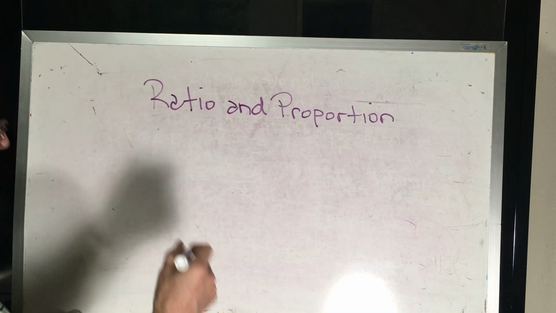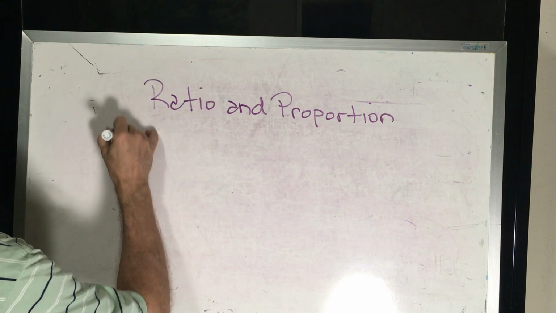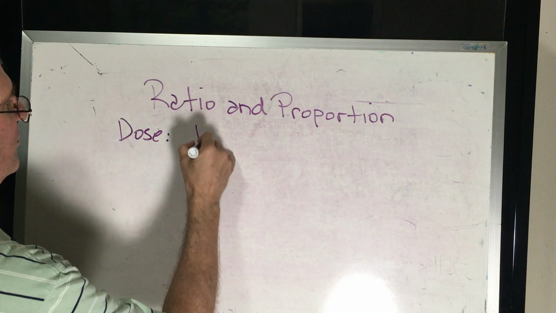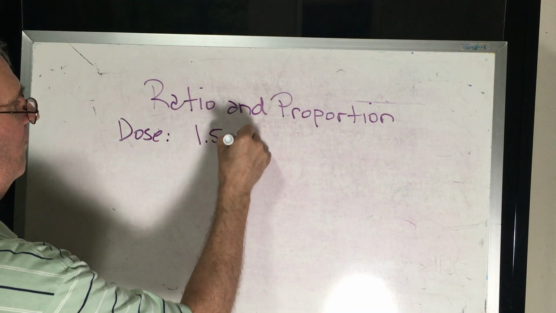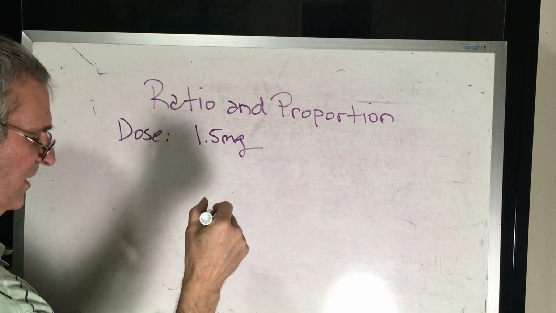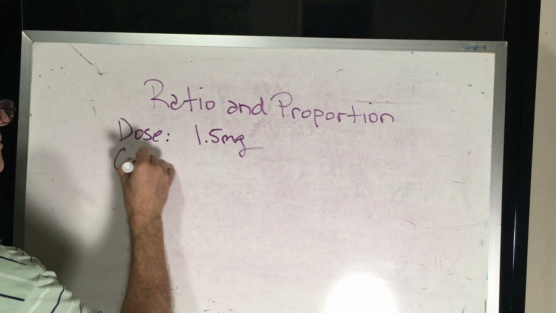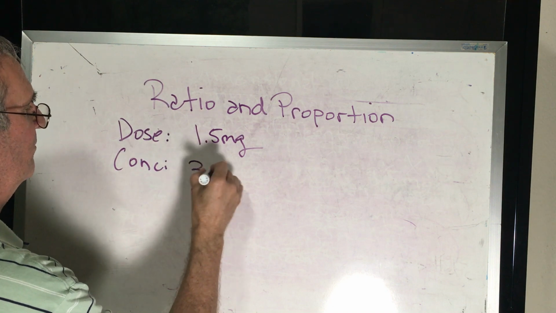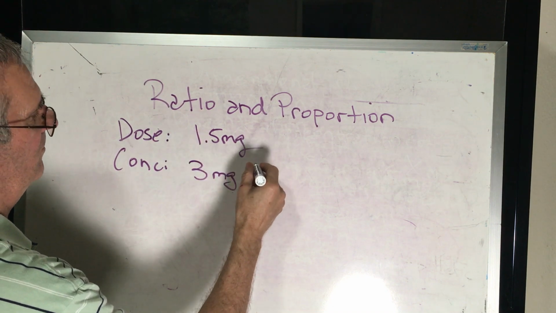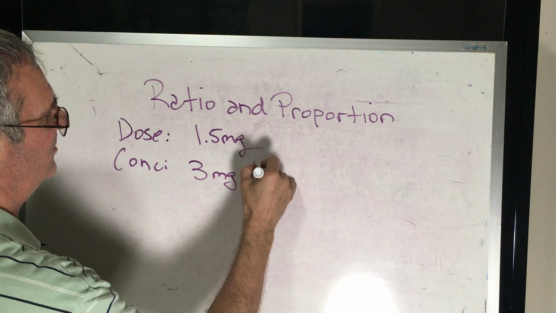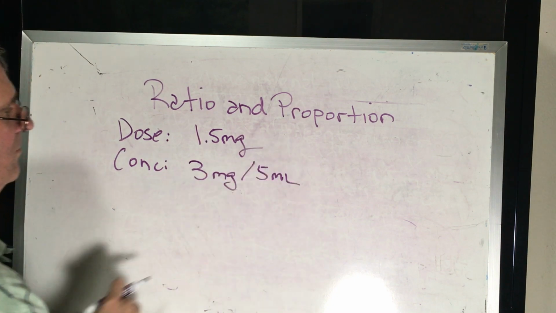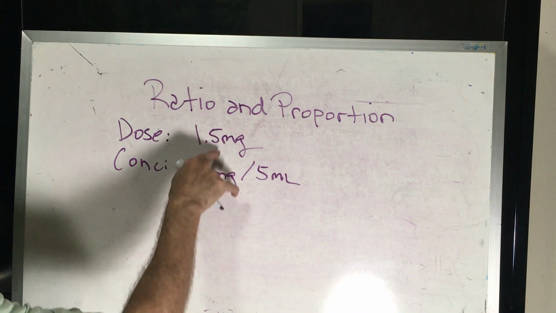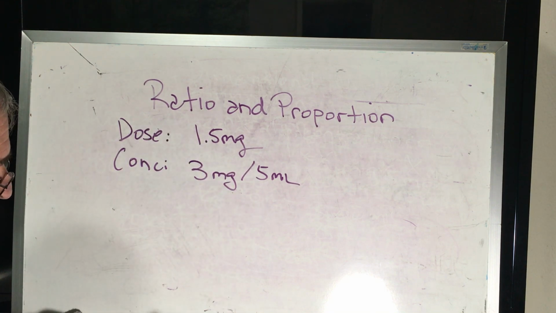Number 11 says that the ordered amount is 1.5 milligrams, and the concentration we have is 3 milligrams per 5 mils. Now I can already tell it's going to be 2.5 milliliters, because it's going to be half of what I've got. But let's work it out.